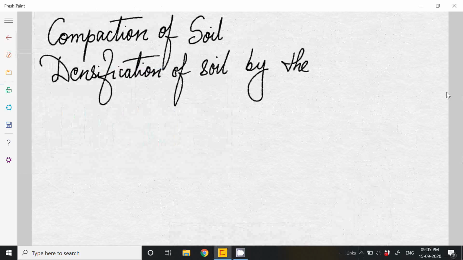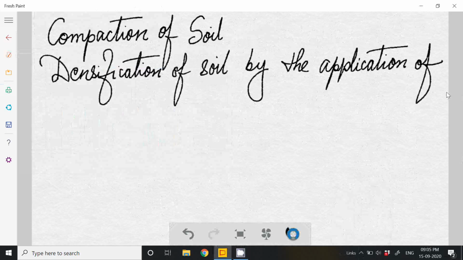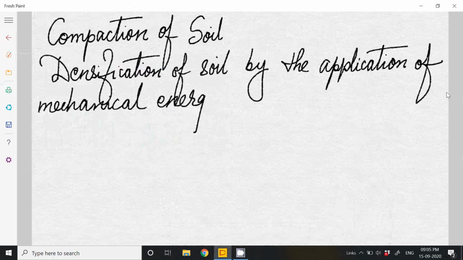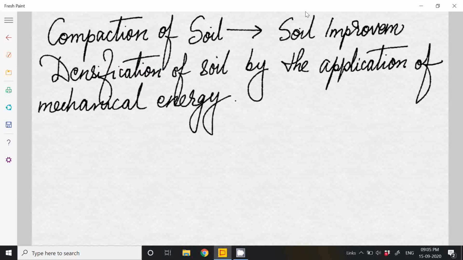Mechanical energy means energy applied by hands or machines. The application of mechanical energy is known as compaction of soil, and this is a very important way of soil improvement, because when we compact the soil, the soil becomes stronger and it can carry more loads.